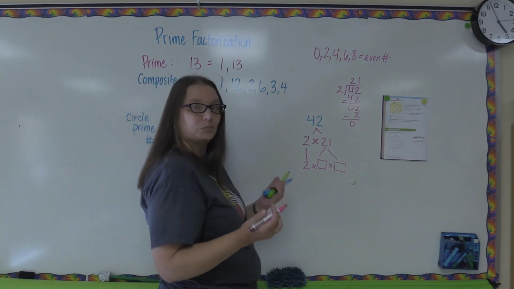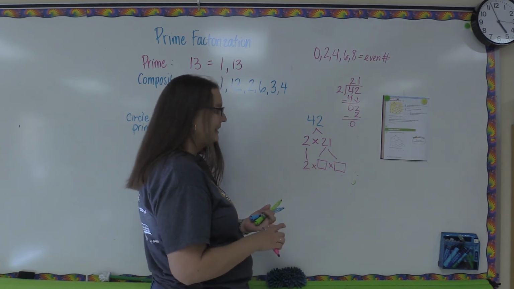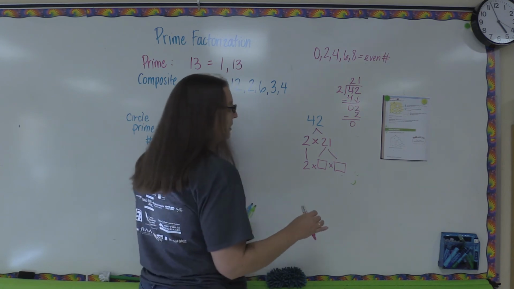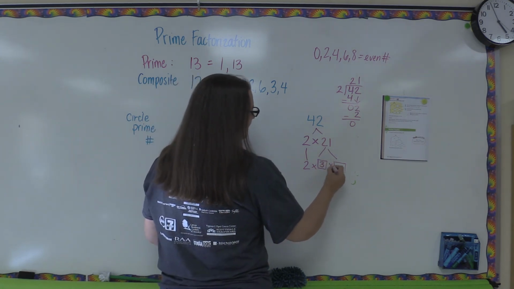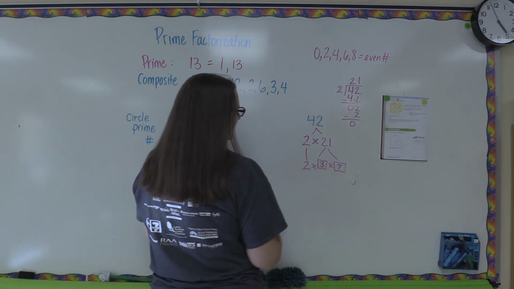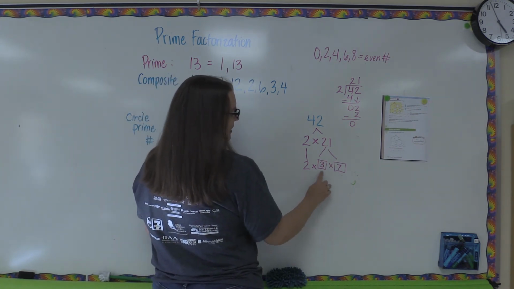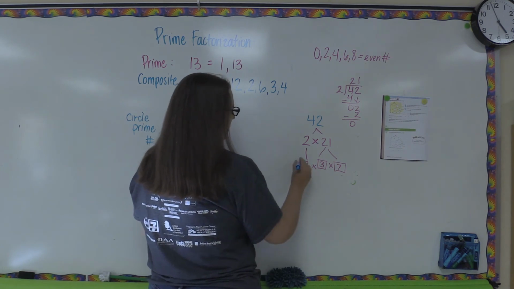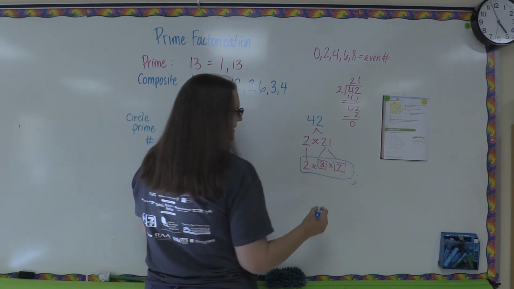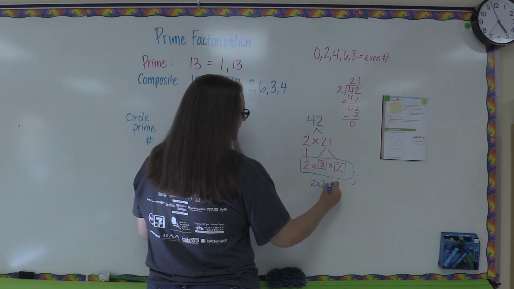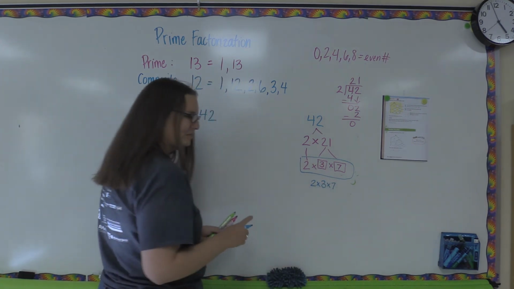Well, we can count multiples, right? 3, 6, 9, 12, 15, 18, 21. That would be 3 times 7. So we are now finished with this because 2, 3, and 7 are all prime numbers. So for writing down the prime factorization, 2 times 3 times 7.